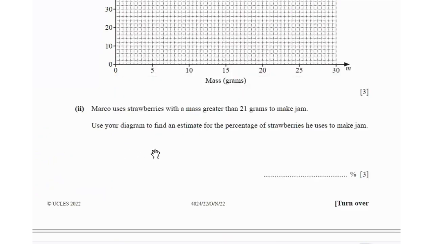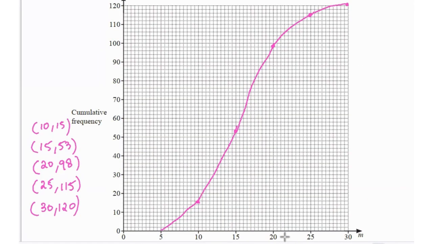Now they're asking us, Marco uses strawberries with a mass greater than 21 grams to make jam. Use your diagram to find an estimate of the percentage of strawberries he uses to make jam. More than 21 grams is going to be this.